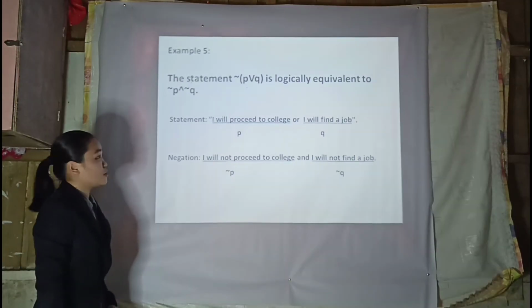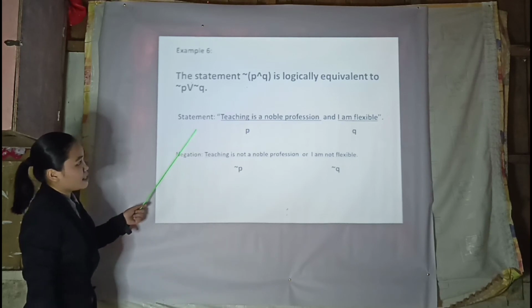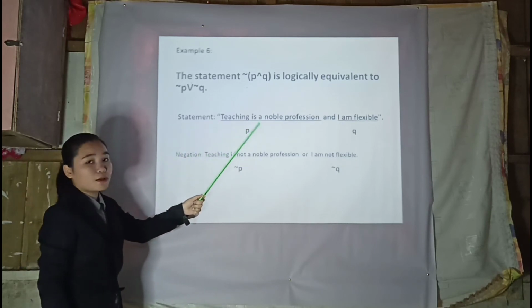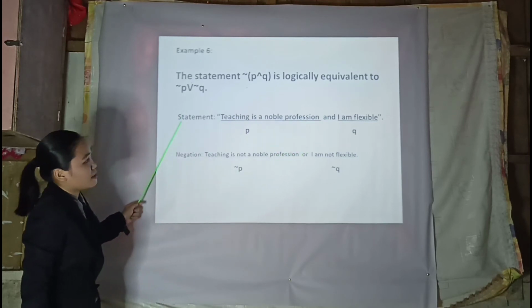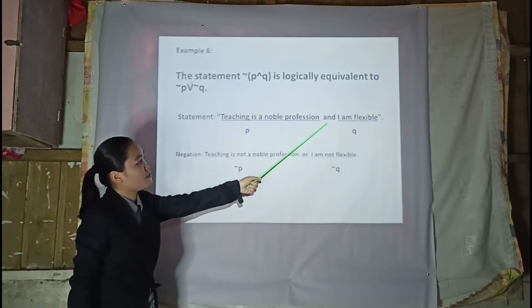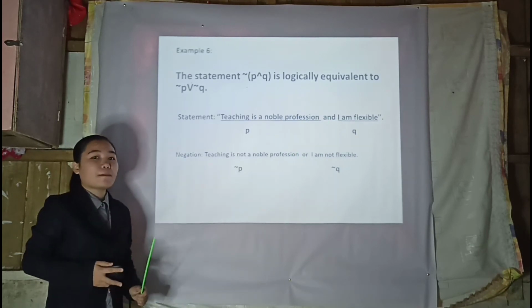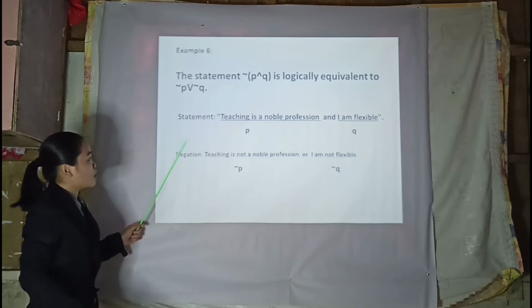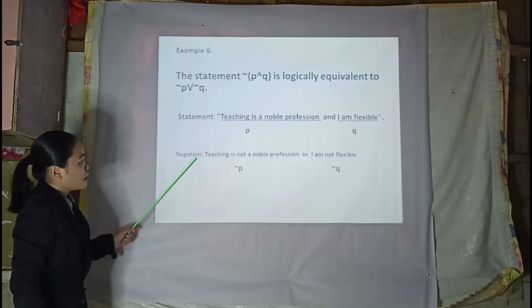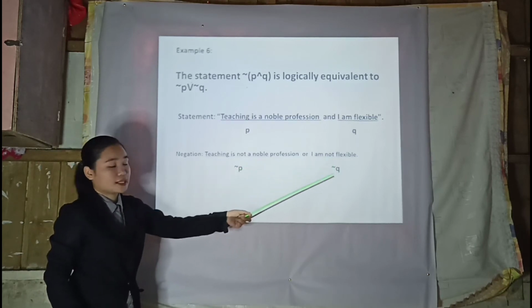Okay, so let's proceed to another example. For this statement: teaching is a noble profession and I am flexible. In this statement, we use the connective word and. If we apply the rules for negation of De Morgan's law for logic, it will become: teaching is not a noble profession or I am not flexible.